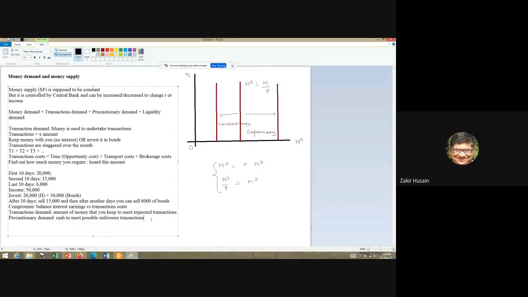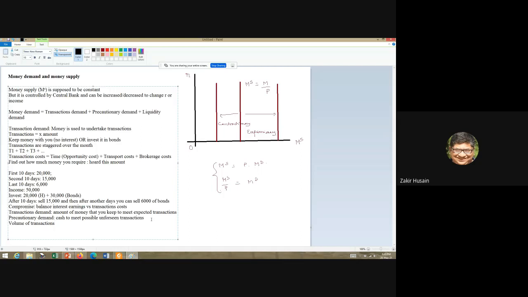Now, what does transaction demand depend upon? Obviously it depends on the amount of money or the volume of transactions, right? So if you expect to pay a small amount, you will keep a low amount with you.